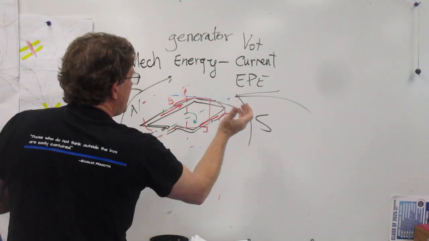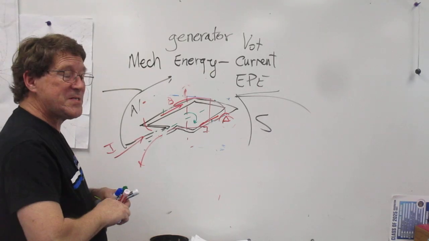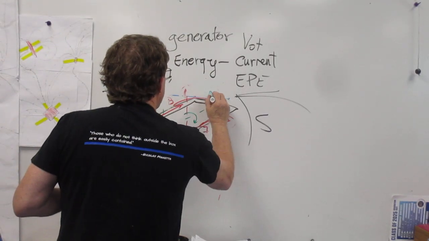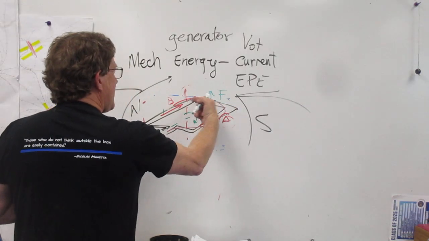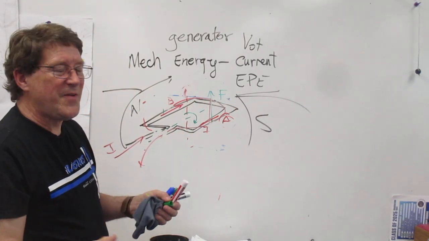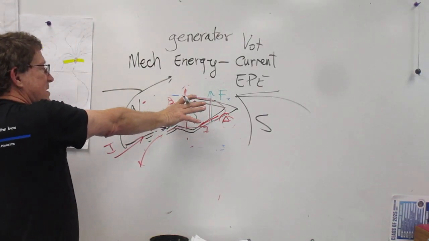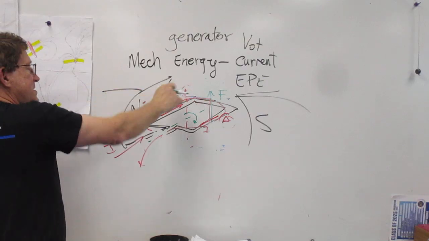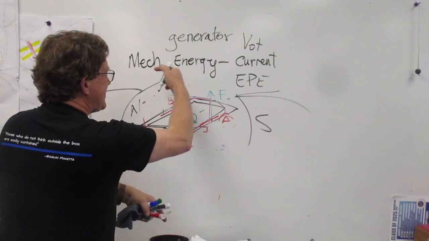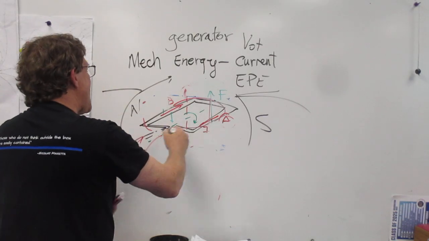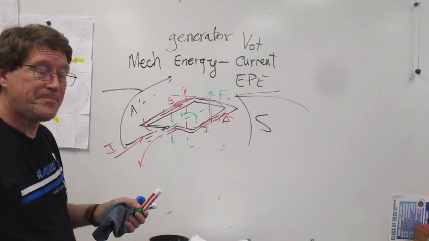The magnetic field's going this direction, the current's going that direction. We're going to get a force acting on that wire. Now these wires are running parallel to the magnetic field, so they're not going to feel a force going in or out or anything like that. But the current going this direction in the magnetic field is going to feel a force going down over here. So while the wire's on this side, the force is pushing it up, over here down, and it's going to start to rotate, in this case in the opposite direction.